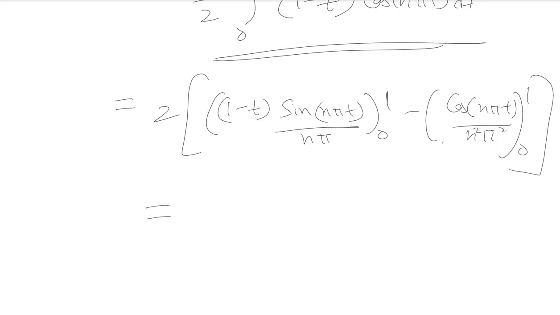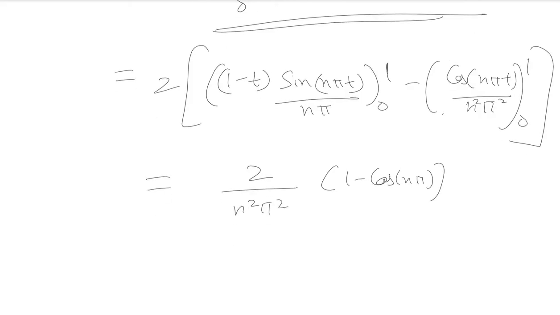If you simplify it, the final expression that we get is 2 upon n square pi square times 1 minus cos of n pi. This is the a n coefficient, right?